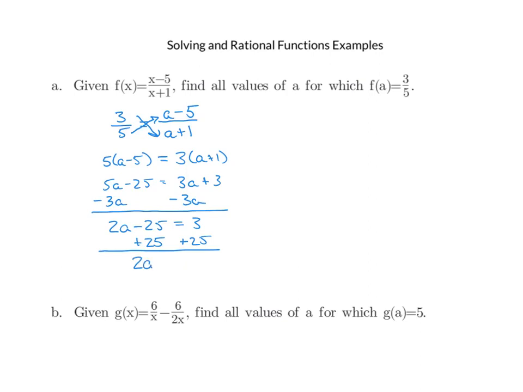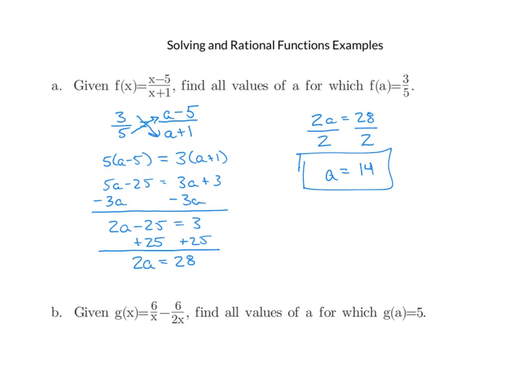I get 2a equals 28. And finally, I want to divide by 2. So we get a equals 28 over 2, which simplifies down to 14. And we're done.